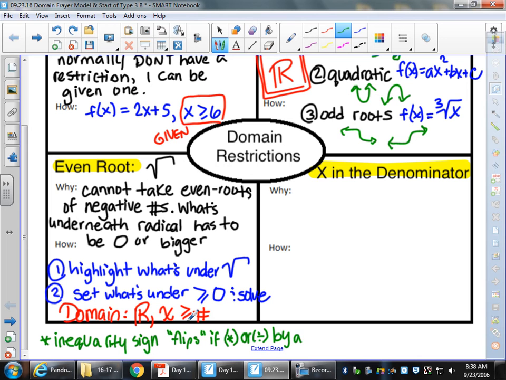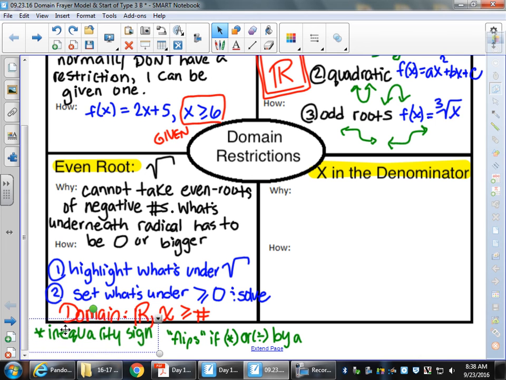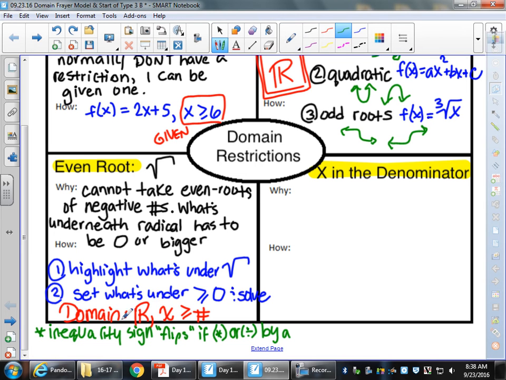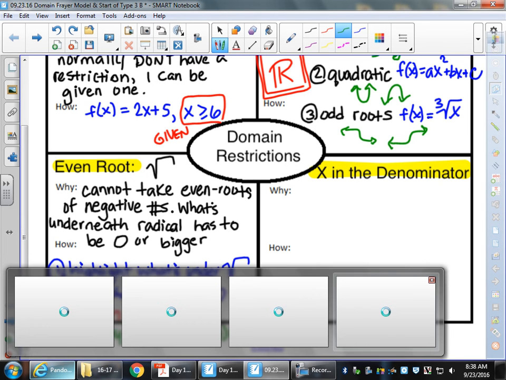That's the only time that this inequality will change directions. So what we just wrote, I know we wrote a lot in that box. Inequality sign flips if multiply or divide by a negative. However you choose to write that, I know we just fit a lot in this box, but we just summarized an hour's worth of notes in one box.